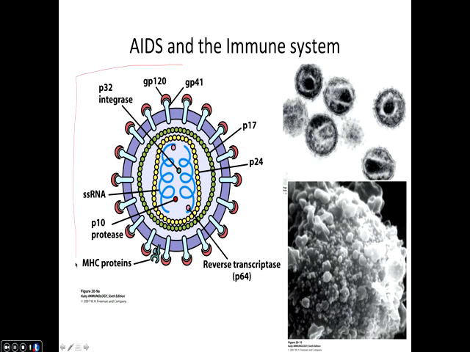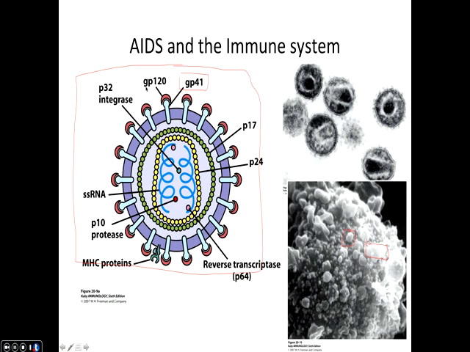And so here's our cartoon of the HIV virus. It has these coat proteins on its surface, so it's an envelope surrounded in a membrane from the cell in which it buds. So here's a particular cell which is budding out new viruses right here. So these are viruses budding off of this T cell.